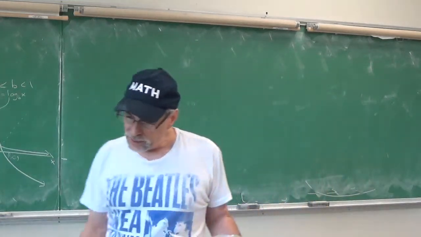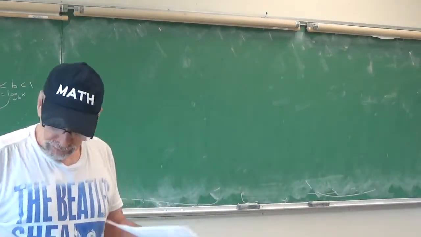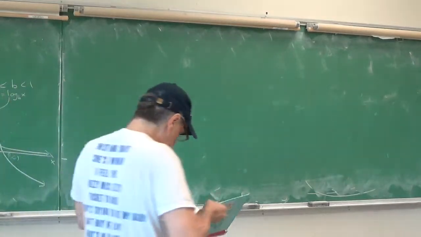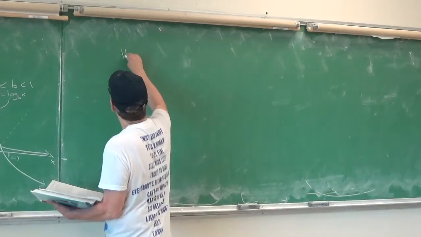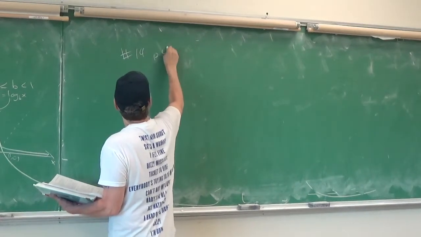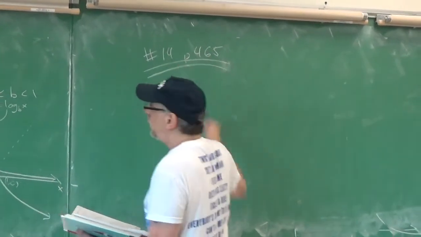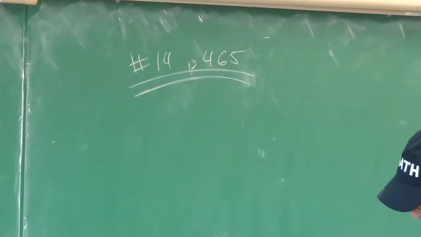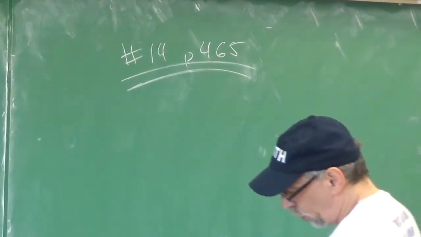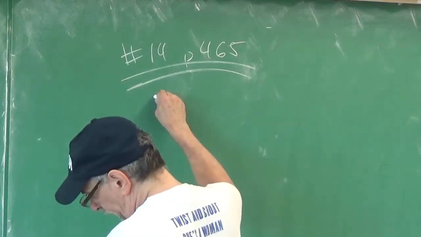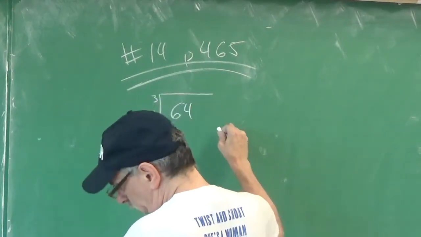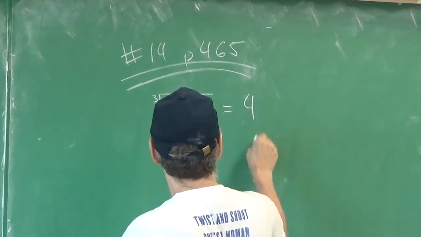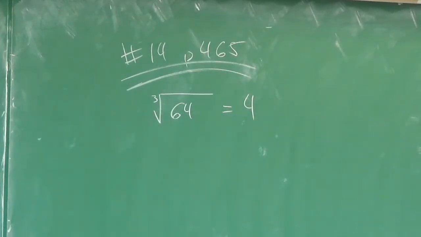So let's look at something like number 14 on page 465. In 4.2, we want to change to log form. So number 14, we are given the cube root of 64 equals 4. And the question is, write each equation in its equivalent logarithmic form.